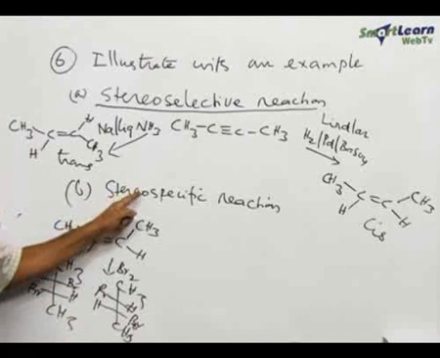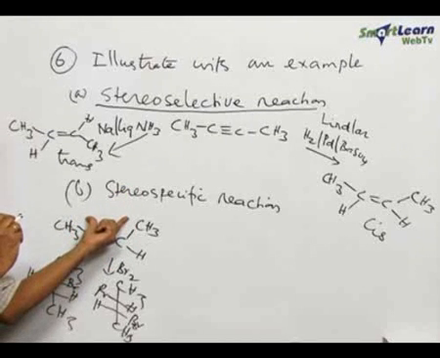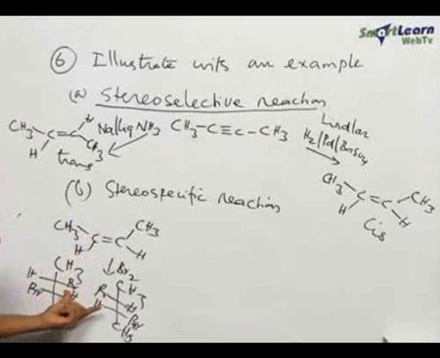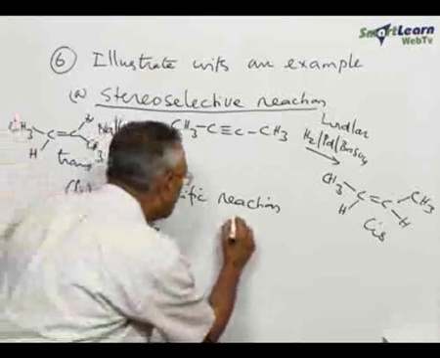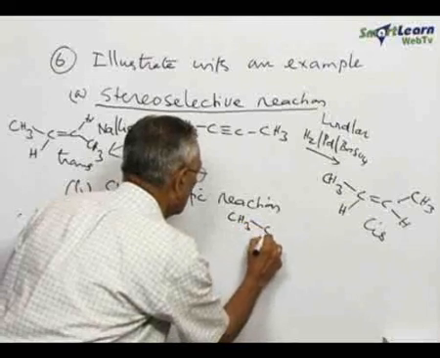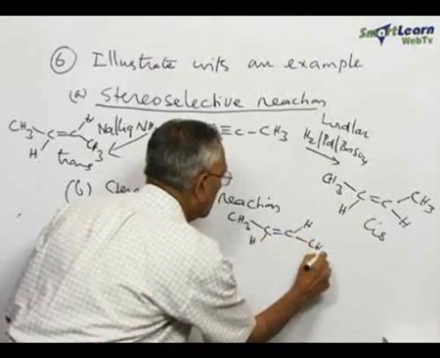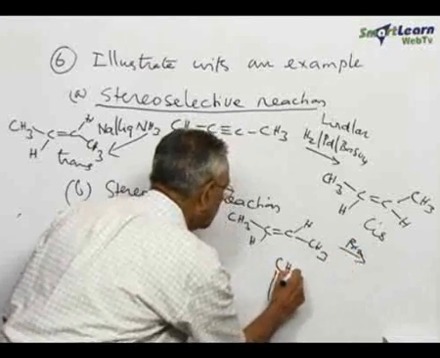So a stereospecific reaction is one in which a particular olefin of particular stereochemistry, namely the cis olefin, leads to a racemic mixture. Now instead of starting with the cis olefin, you start with the trans olefin and do the same bromination. Treat with the same bromine, you will get a meso product.